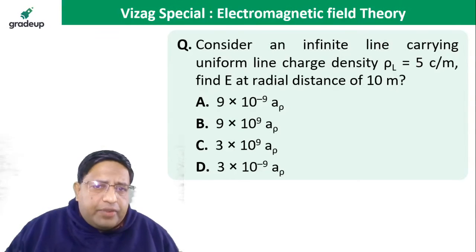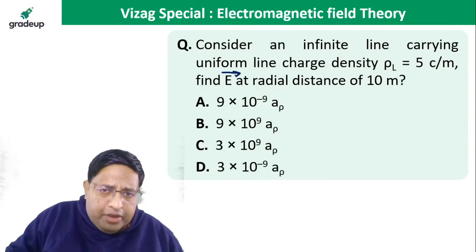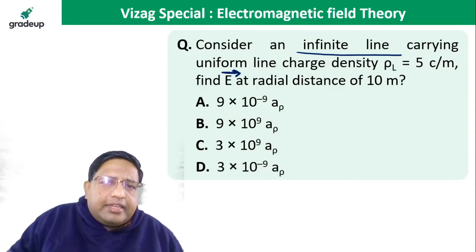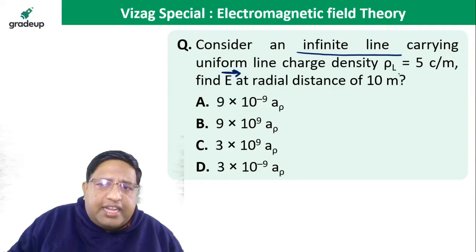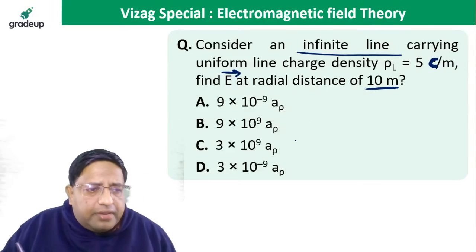Find the electric field due to an infinite uniform line charge. An infinite line wire carries a uniform line charge density of 5 coulomb per meter. You have to calculate the electric field at a radial distance of 10 meter. Try to give the answer.